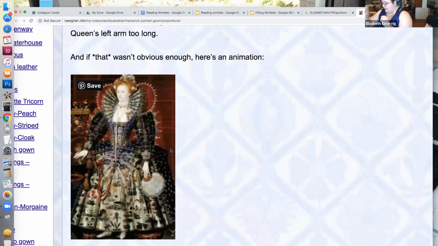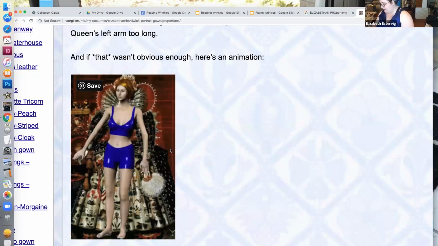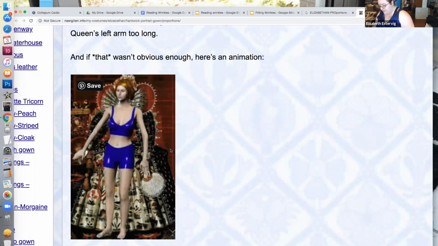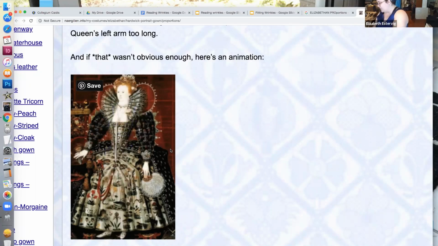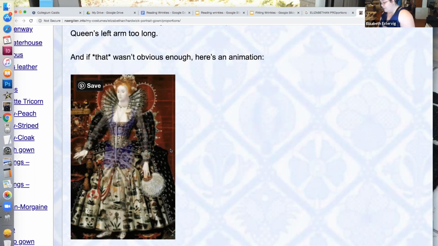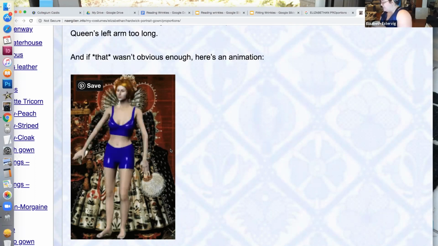If you start to do the math of where that actually hits on the body, you can make your proportions look that much more like a portrait by figuring out where it actually fits. Even if it looks like a crazy proportion that no human is actually that shape. And the answer is no human is actually that shape. It's a lot of optical illusions and creating that figure, but it can be absolutely accurate depending on what portrait you're going off of.